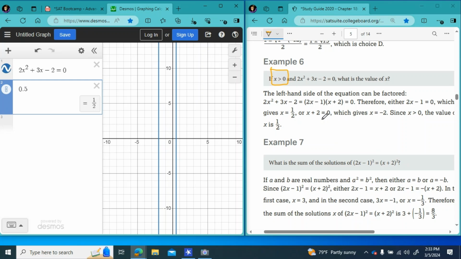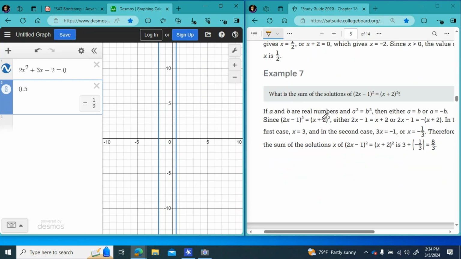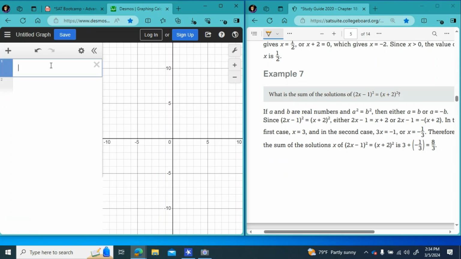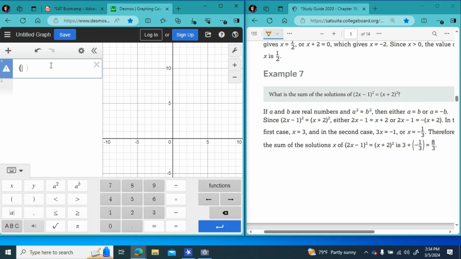And number 7 says, what is the sum of the solutions to 2x minus 1 squared equals x plus 2 squared?